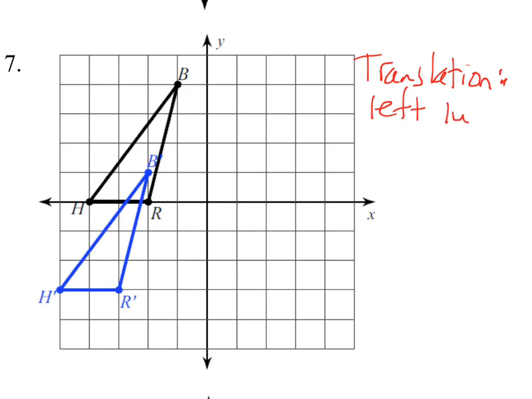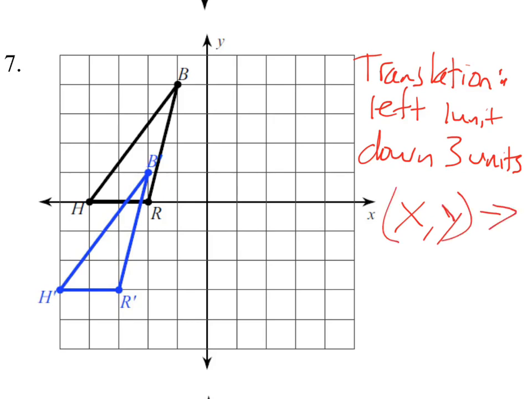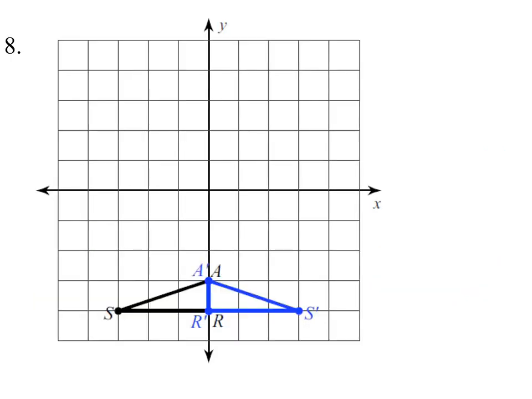So left 1 unit, down 3 units. So if you want to do that using a function, your xy's are going to shift, so your x's are 1 less because you're going left 1 unit. So x needs to be minus 1. And then y, you need to go down 3 units, so we need to subtract 3 from the y's. And that'll be your function.